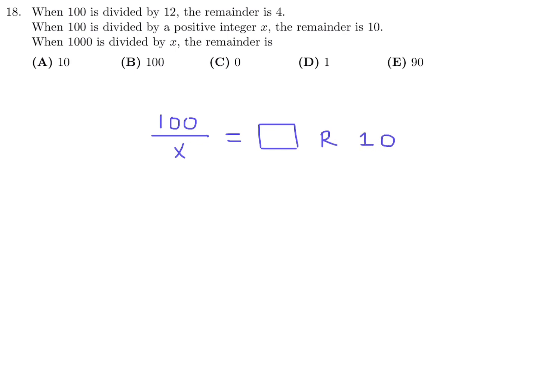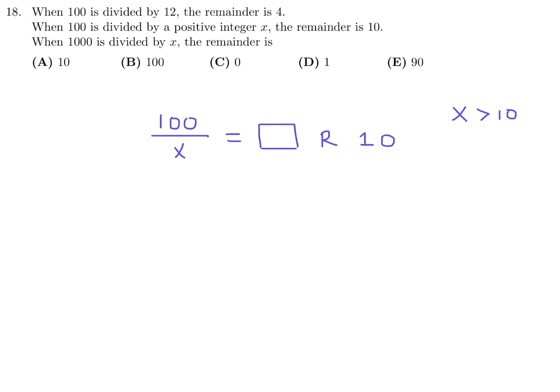Well, we have several choices for x, right? x can be pretty much anything as long as this is satisfied. But one thing is for sure, x has to be greater than 10. That's the only way the remainder can be 10. So let's see.